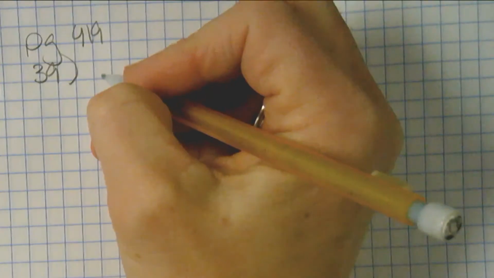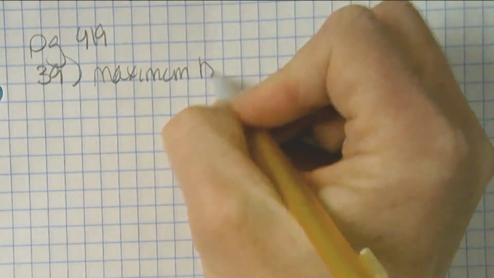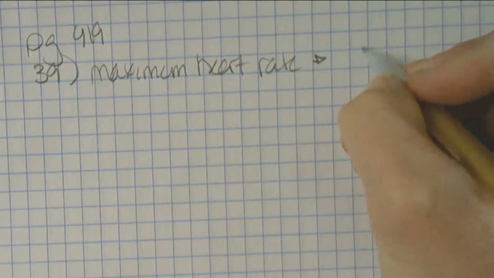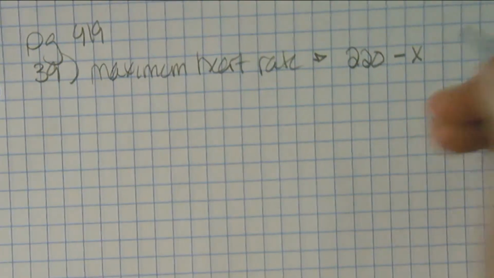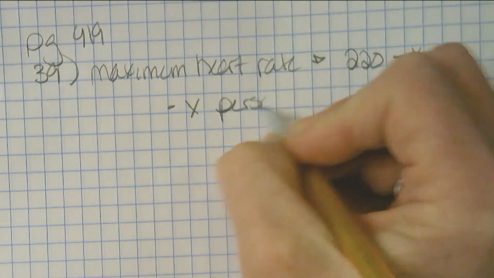Okay, so let's write down what we know. We know we're talking about a person's heart rate. I feel like part of what we need to figure out is what the variables are. They say that a person's maximum heart rate is 220 minus x, where x is the person's age.